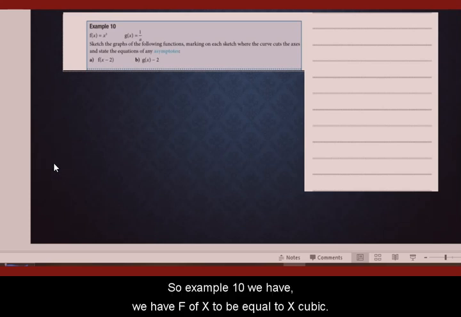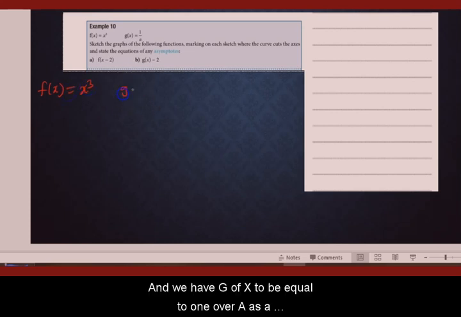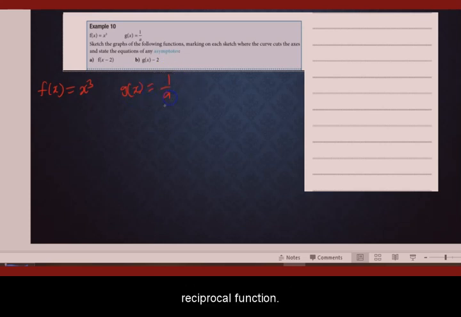Example 10. We have f(x) equal to x cubed, and we have g(x) equal to 1 over x as a reciprocal function.